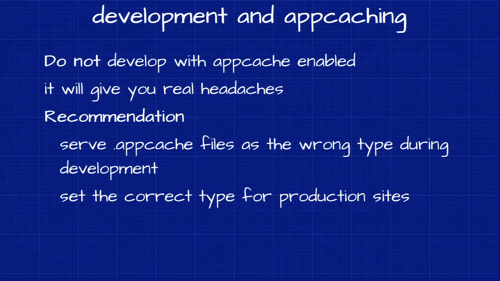However, if we serve our app cache with the wrong MIME type during the development phase, and then in production we just switch to serving with the right MIME type, that is a way to go about that. Obviously, you want to debug whether your caching is working properly, but for the development of your site as a whole, just don't do it. Don't go there. Speaking from experience, it creates incredible nightmares.